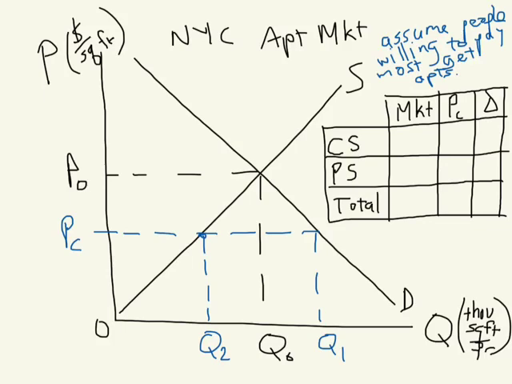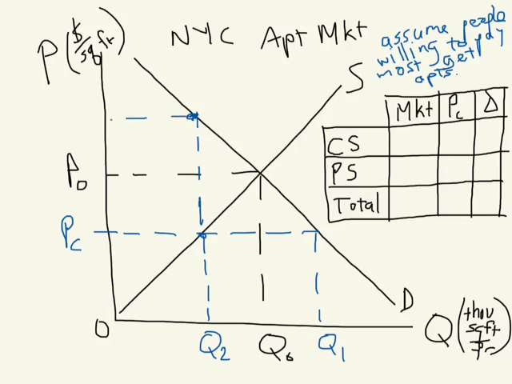So here's how we do it. At Q2, notice that the last person that rented an apartment under our assumption was willing to pay this very high amount. This line. I guess I can indicate that.